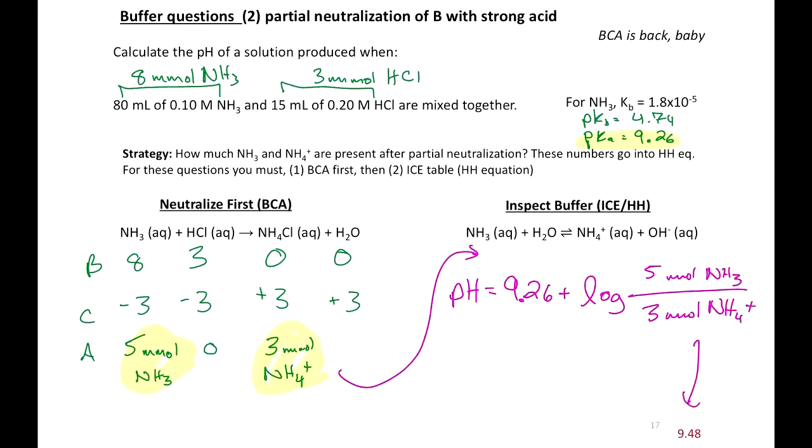And so there you go. You see the pH here is a little bit more basic because there's more ammonia present rather than ammonium. Right? So see how this is a little bit different. We're not adding the weak base and the weak acid straight up. We're partially neutralizing it to get a new base to acid ratio that we need for that Henderson-Hasselbalch equation.